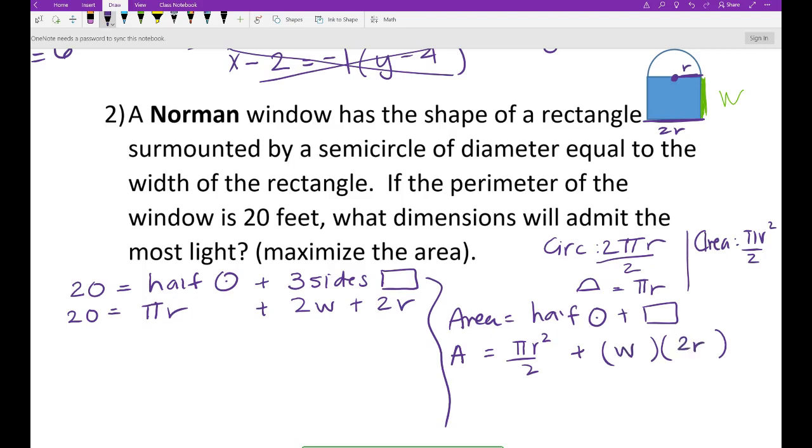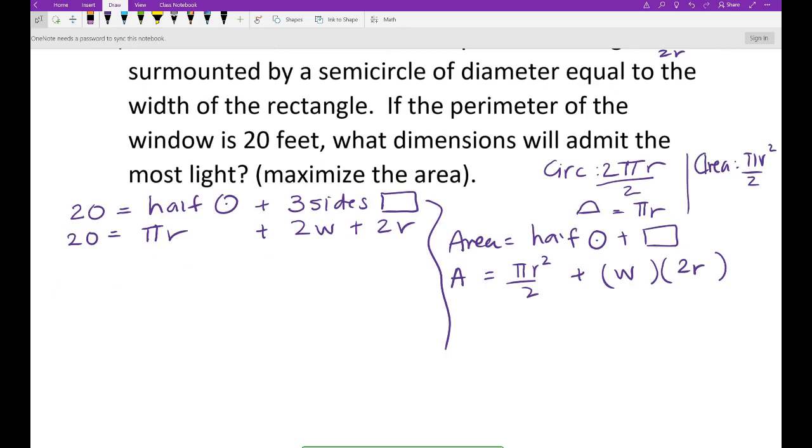Can you have two variables in one equation? No, so you have to decide. Do you want to write the area in terms of radius or in terms of W? This is really your choice. Okay, area in terms of radius. That means I'm going to keep all the r's. I need to get rid of that W, but I'm going to keep that 2R.